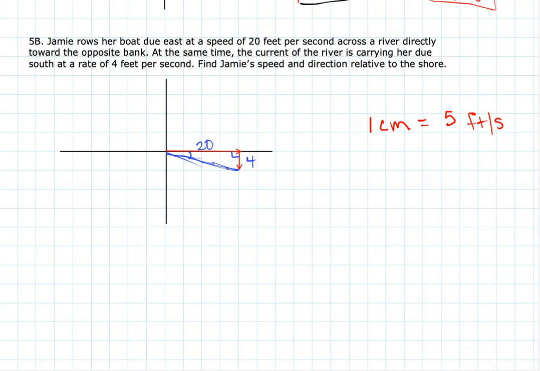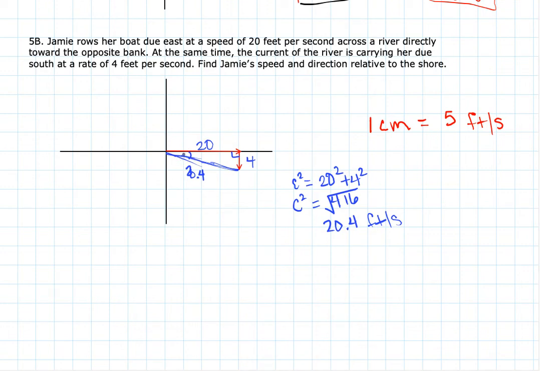So let's do that. Pythagorean theorem: c squared equals a squared plus b squared. So c squared will equal 416. The square root of that is about 20.4. So 20.4 feet per second is the length of this vector. And then we can find the degree here.